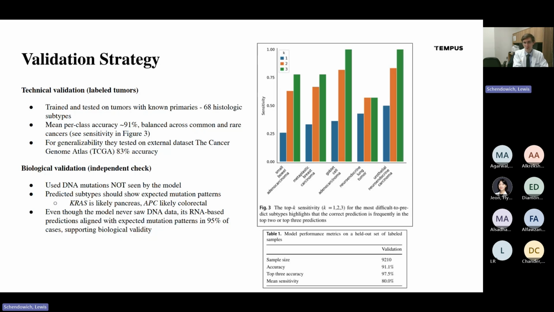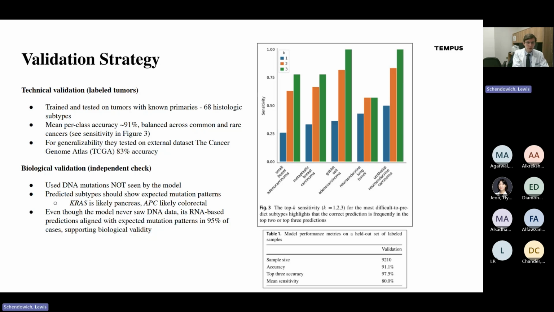For instance, the first rank is not always as sensitive as you may want. The sensitivity sometimes is even below 0.5, whereas with the cumulative of 1, 2, and 3, you can see that it can correctly predict the rare tumors in the top 2 or 3 predictions. It's not perfect, and this model should not be taken by itself as a base truth.